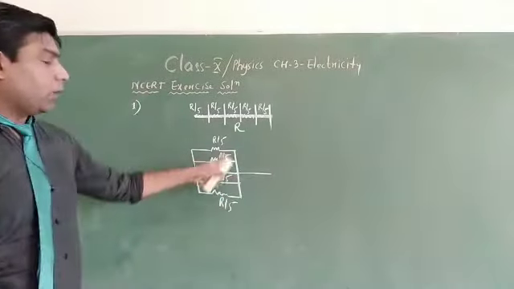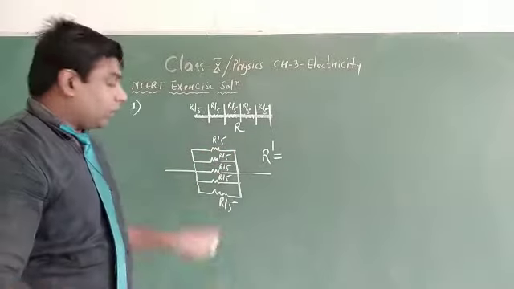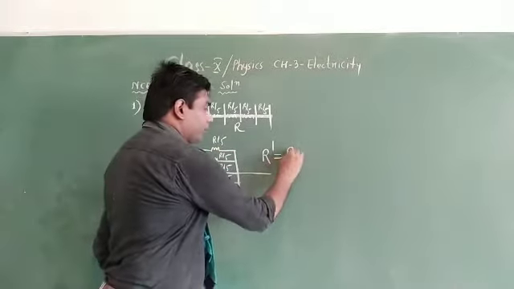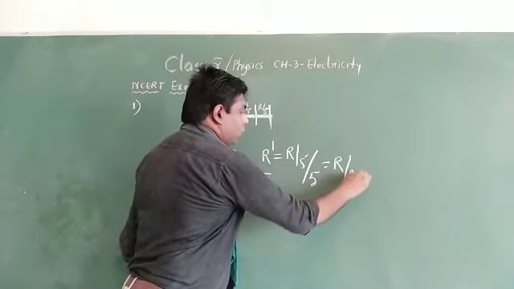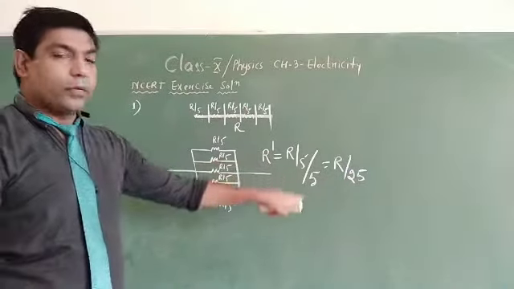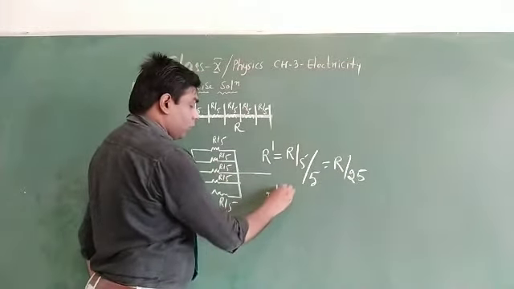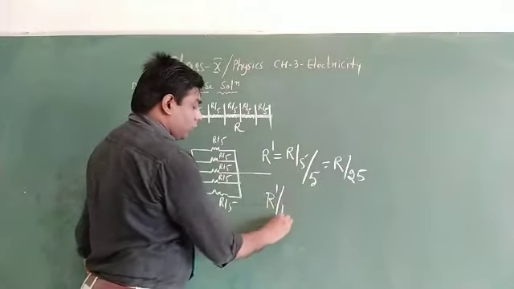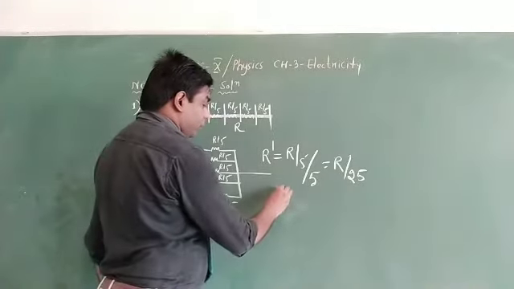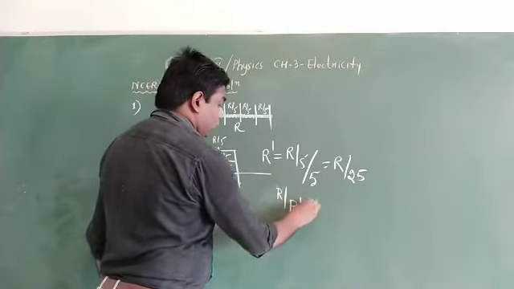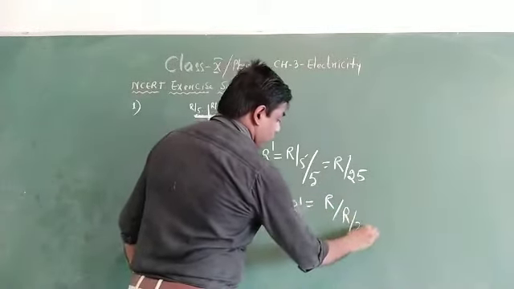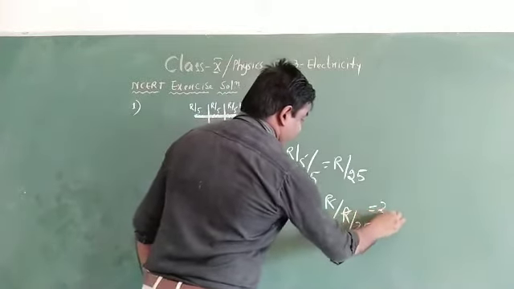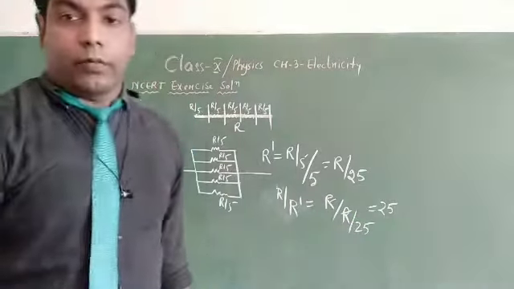So R dash equal to, see, how many resistances are connected? 5. And each resistance is R by 5. So the parallel combination will be R by 25. They are asking to find R by R dash, so the answer will be 25.